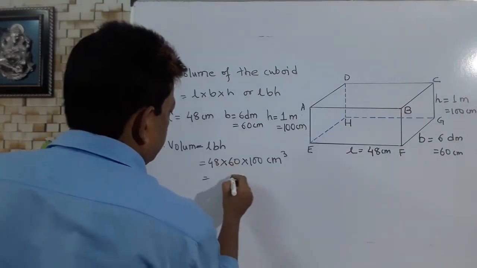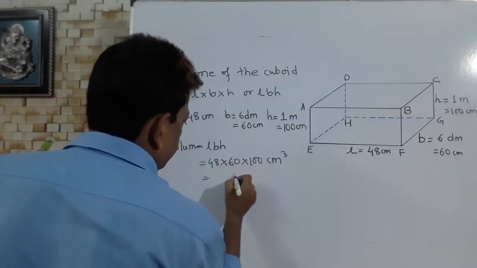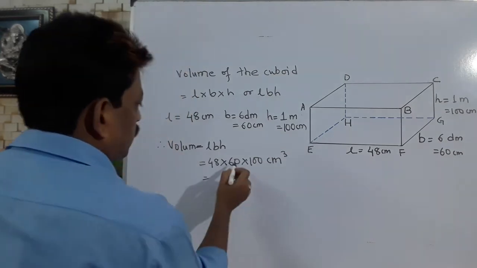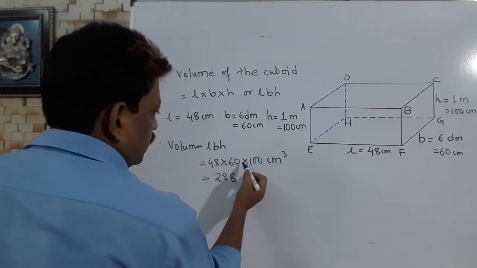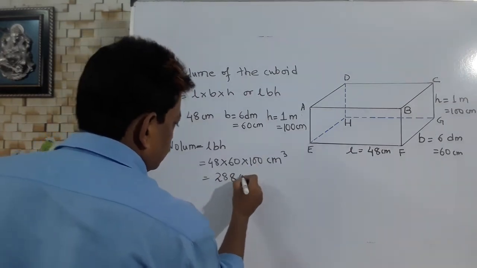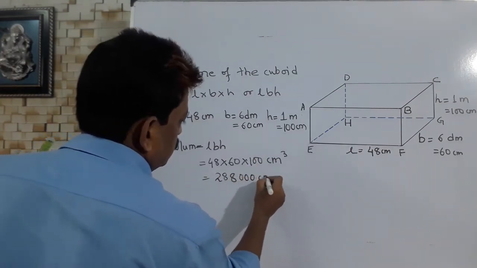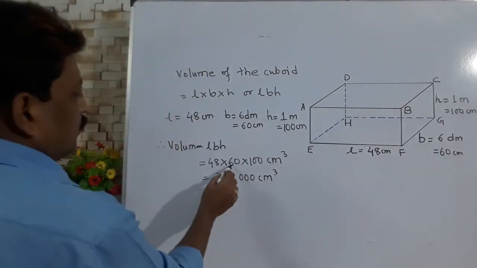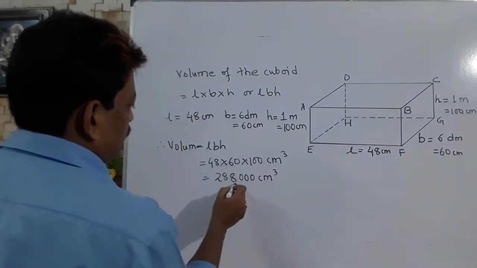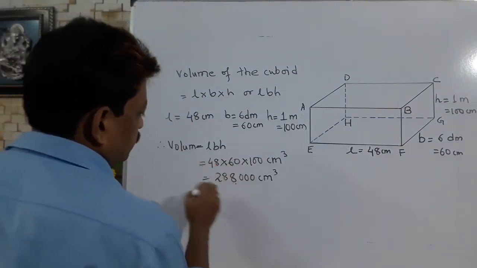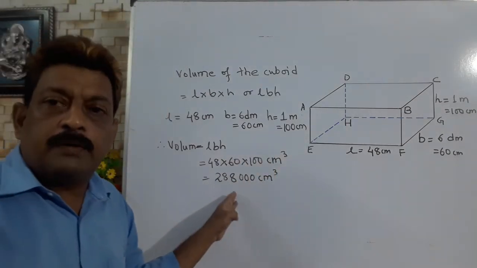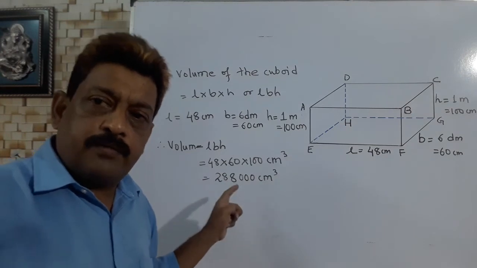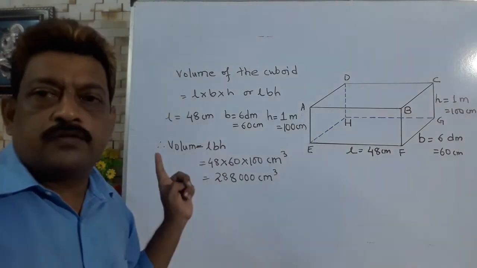So 6 8s are 48, balance 4, 6 4s are 24, plus 4 is 28, and then 3 zeros. That is 288,000 centimeter cube is the volume of this solid.